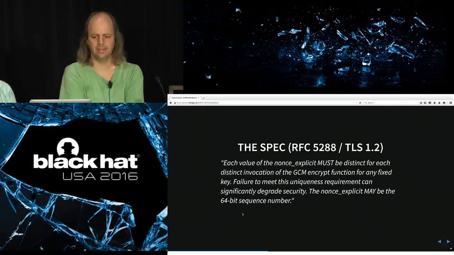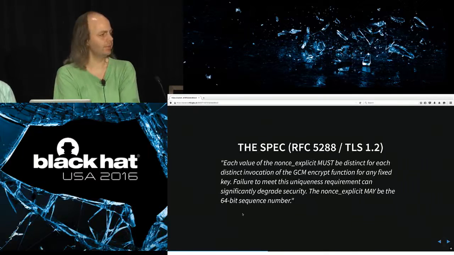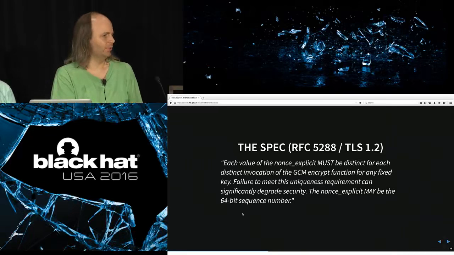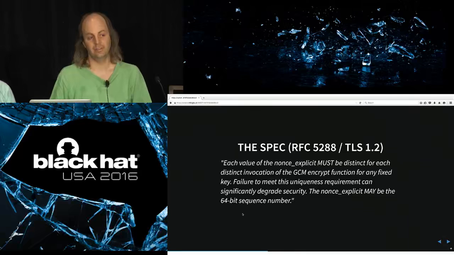And this is what the TLS specification says about this nonce value. It tells the implementer of the TLS library that each value of the nonce must be distinct for each invocation of the encryption. But it doesn't really tell how to do that. What I just told you, that you should just use a counter and that's secure, is not written down in the spec.